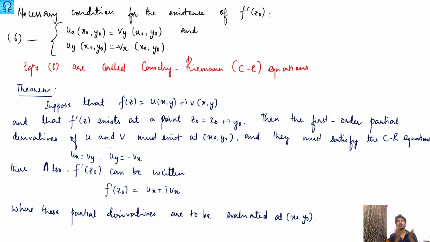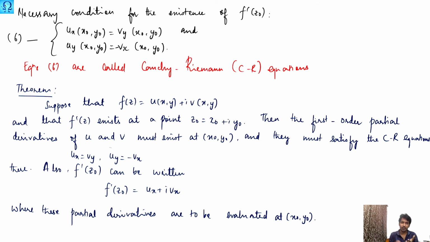Suppose you are unable to see what the derivative is, but still you are able to identify the partial derivatives and check your Cauchy Riemann equations. If your Cauchy Riemann equations are not satisfied, then you can come to the conclusion that the function is not differentiable at the particular point.